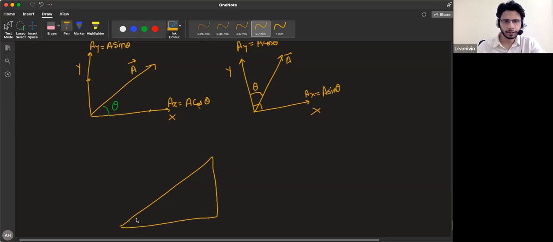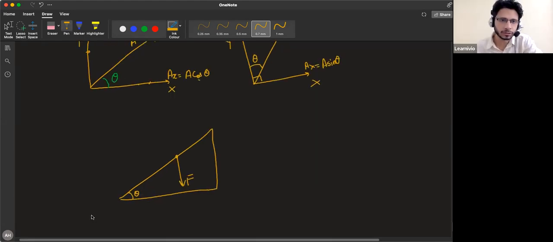This angle is theta. And let's say we take some vector on the inclined plane. Let's take that vector as f. I ask you to resolve this vector f in two directions: one along the plane and another perpendicular to the plane. Let's call the direction along the plane x, and the direction perpendicular to the plane y.